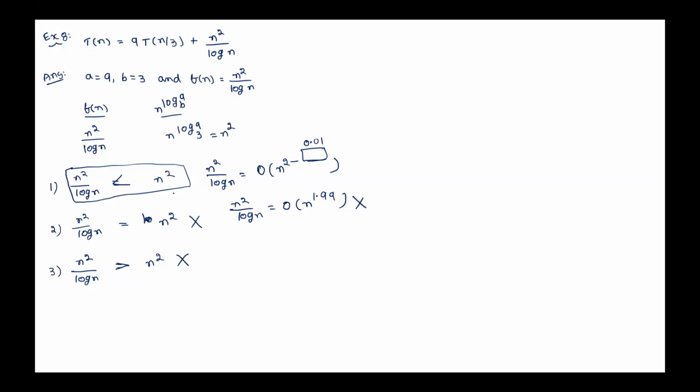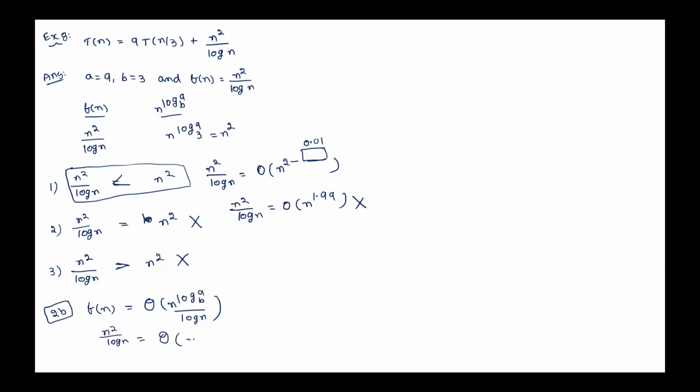But there is a special case. What does case 2 say? F of n is of the form theta of n power log a base b divided by log n. This is case 2b, on the other slide. Is n square by log n of this form?